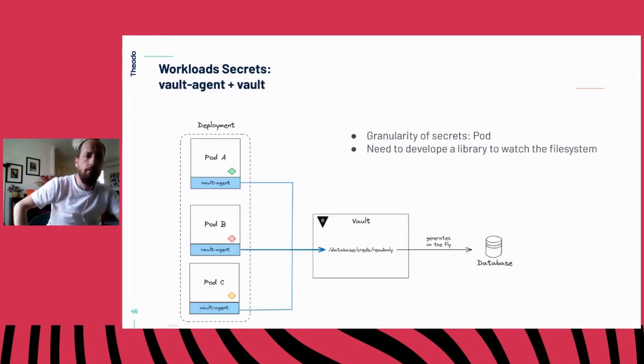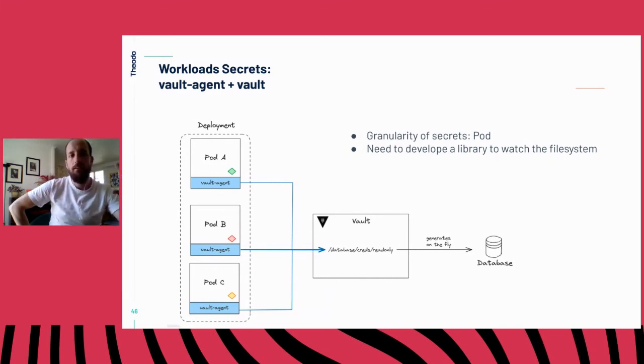And another setup that I will show you with a technical demo is this one. I like it very much. It's to use the Vault agent. So a Vault agent will create an init container in each of your pods. I will show you concretely how it works.